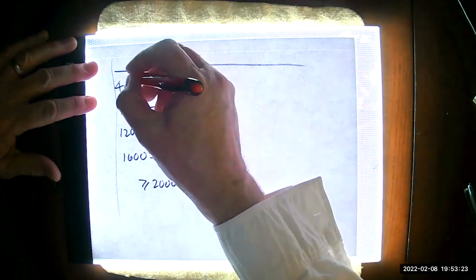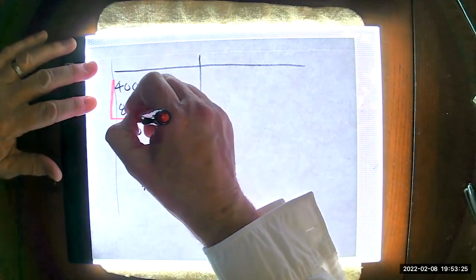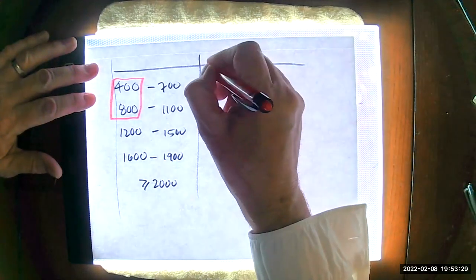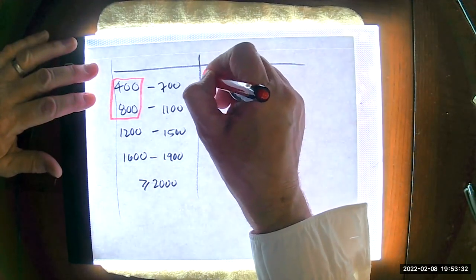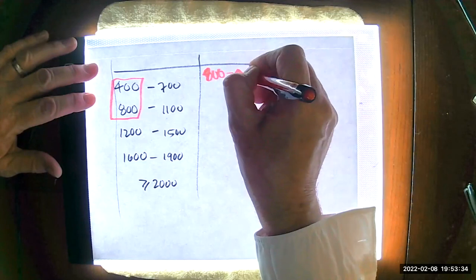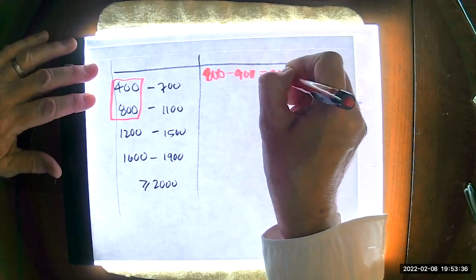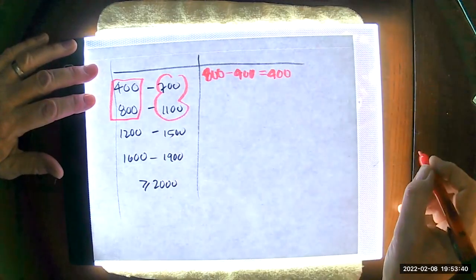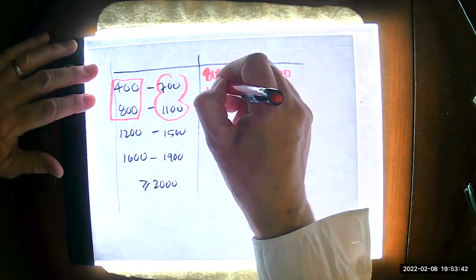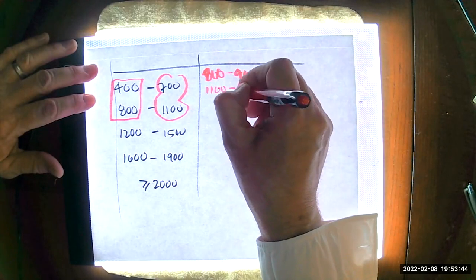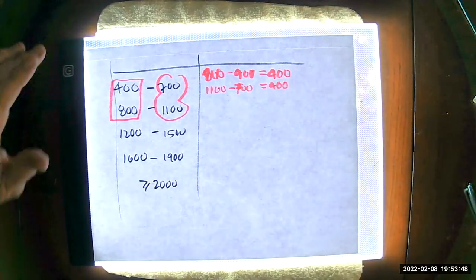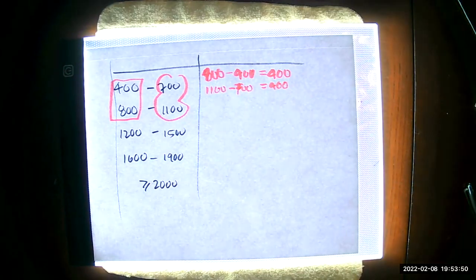Notice, if I use consecutive lower class limits, I've got 800 minus 400 equals 400. If I use the consecutive upper class limits, I've got 1100 minus 700, or 400. So it doesn't matter which one I use.